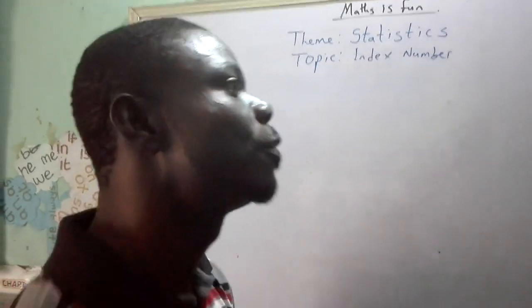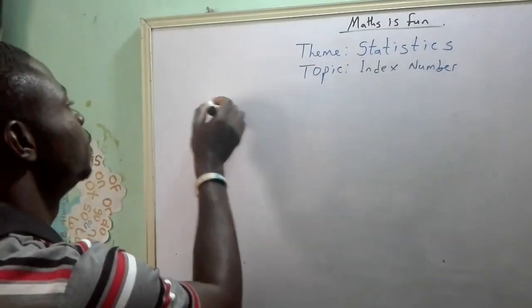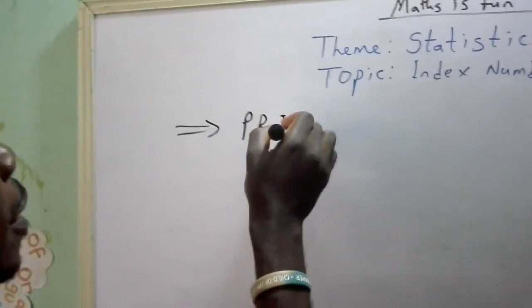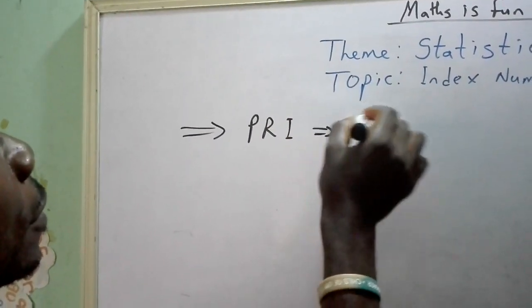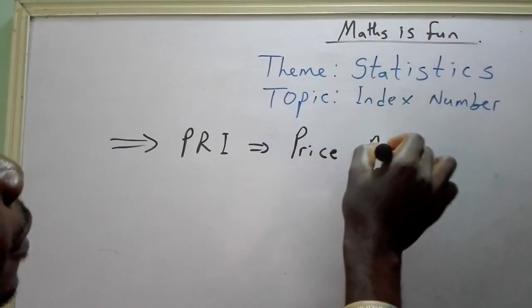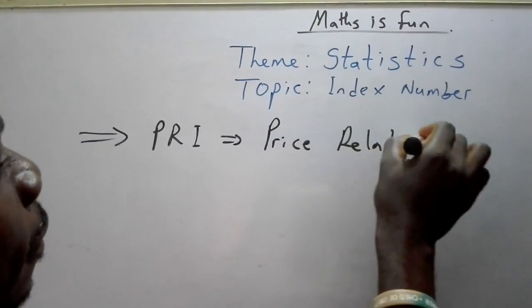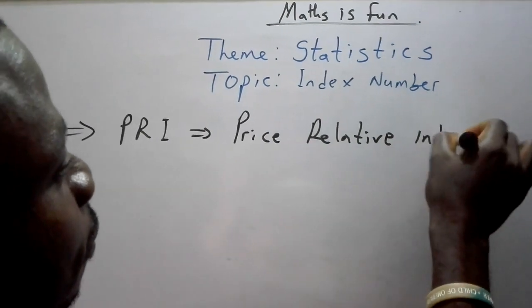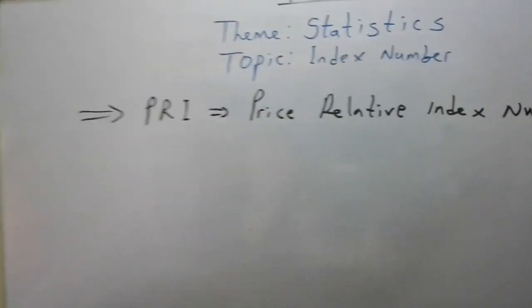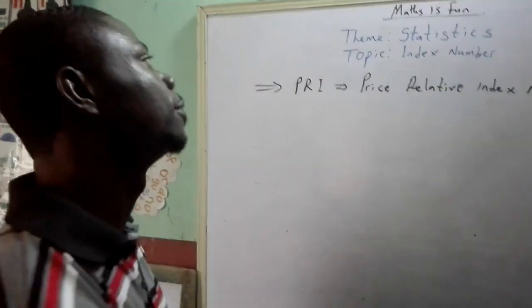The first one we shall be looking at here now is PRI, which is price relative index number. Price relative index number.